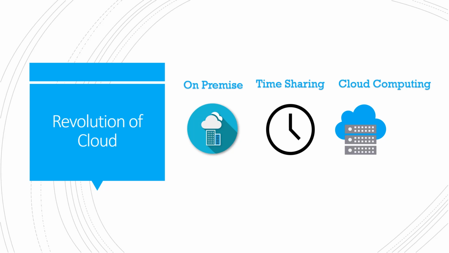So after that, we move to the revolution of time sharing. The difference between time sharing and on-premise is that, let's take a company like IBM. IBM is a very big firm, and they have large servers. They might not be using all of the space on the server.